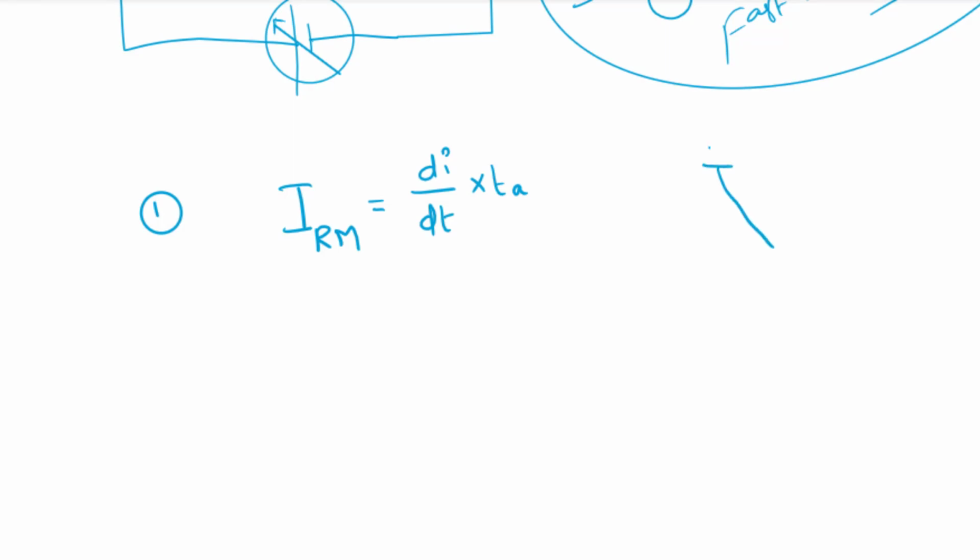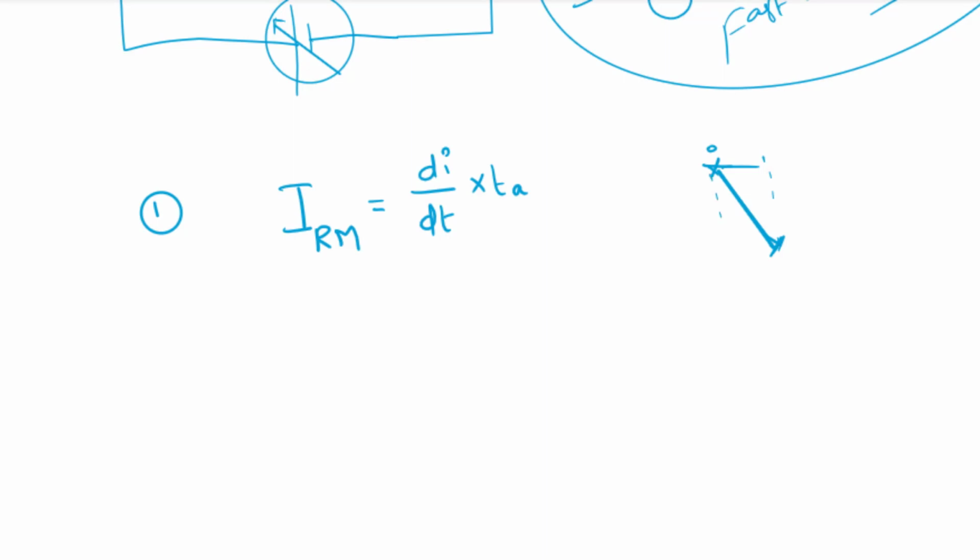If it starts at 0 till this TA point, it reaches here. So what is the change happening? di by dt. This is called the rate of change of current.